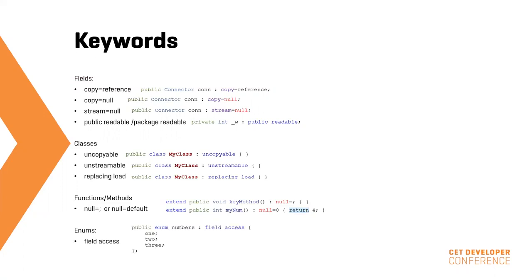And then finally, this field access keyword on enums. I hope everybody is already using this if they're making enums. What this does is it makes your variable name a little bit more specific so that you're not running the risk of running out of variable names. You wouldn't be able to reuse 1, 2, or 3 if you did this.